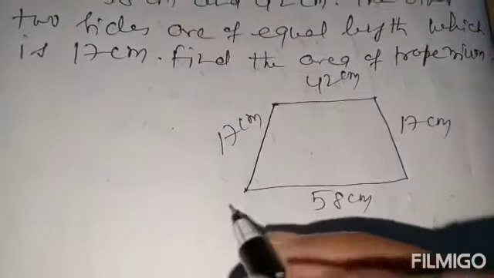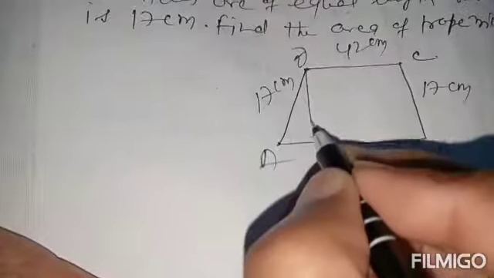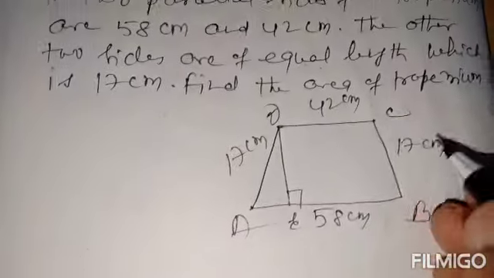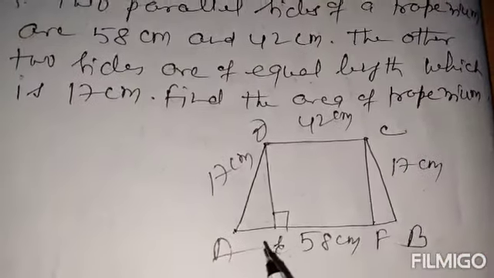So we draw, if ABCD is a trapezium, DE perpendicular to AB and CF perpendicular to AB.